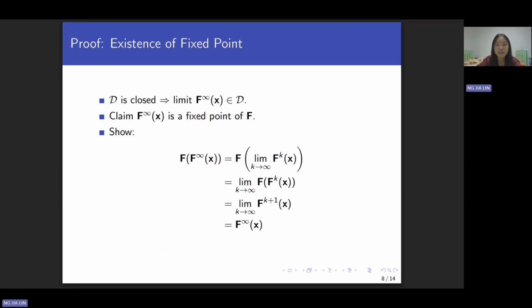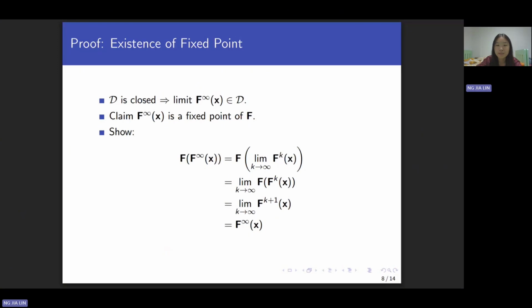So we substitute the f infinity of x into f of u, and we will get the following, where we write it as the limit k to infinity of f^k. And since this function is a contraction, it is a Lipschitz function, and we know that a Lipschitz function is continuous.